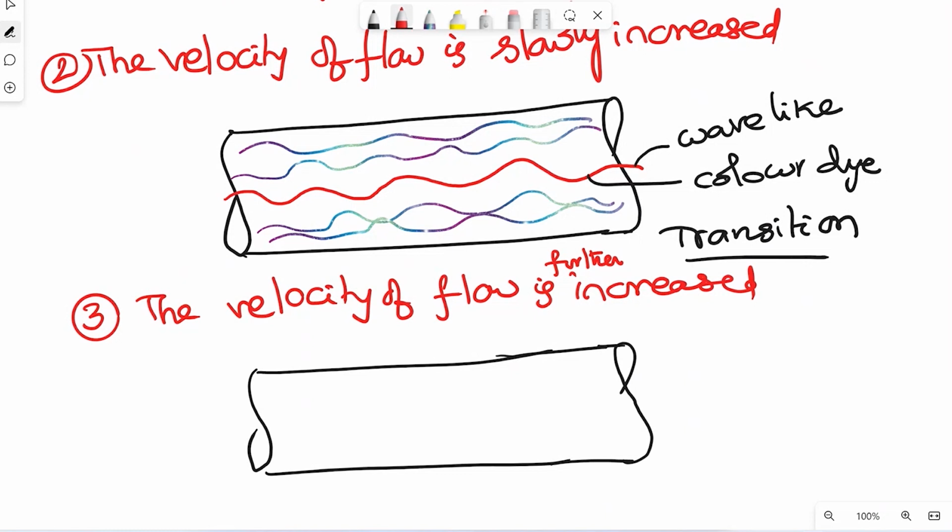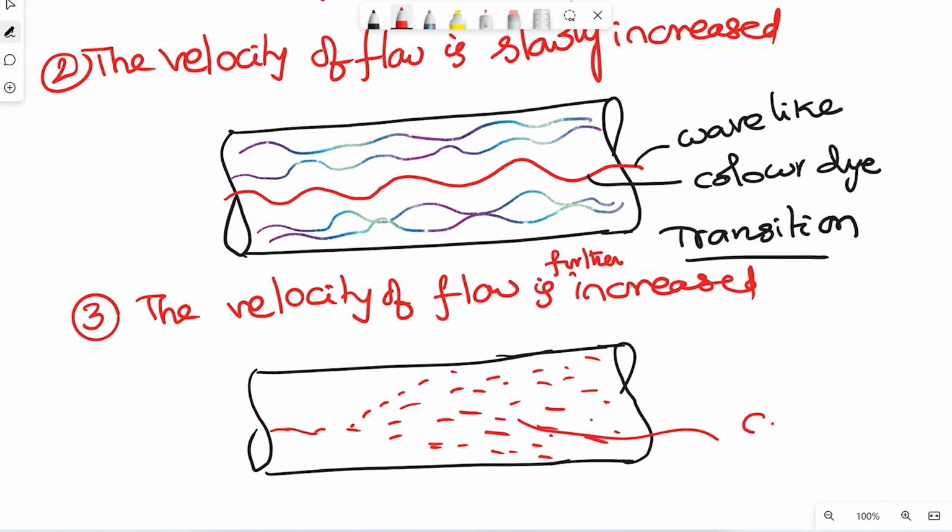What we have observed in the third one is that the color dye is diffused in the entire pipeline. So these are all color dye diffusion. That means the color dye diffused.